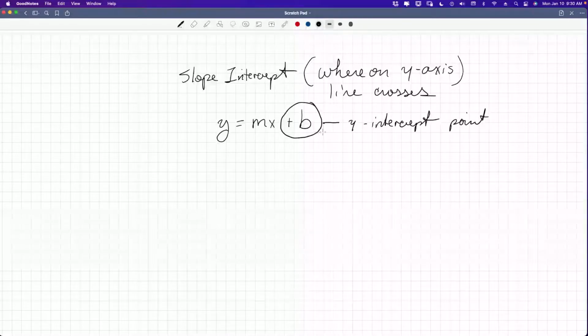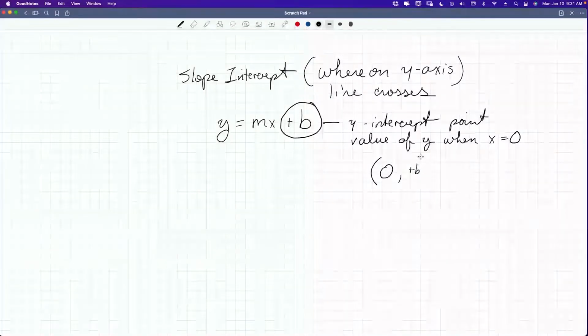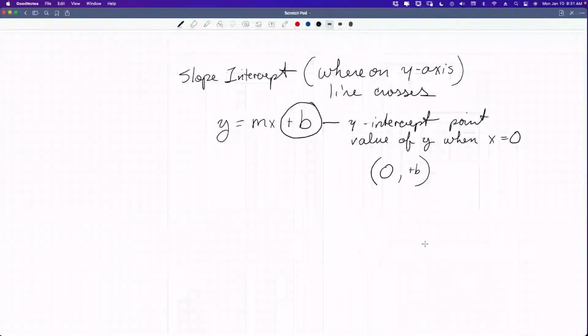It tells me the value of y when x equals 0. Whatever this number is, and you always include the sign, when x is 0, y is going to be your b. That's always going to be the first point that you graph.